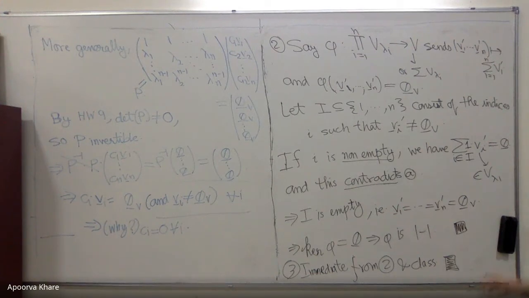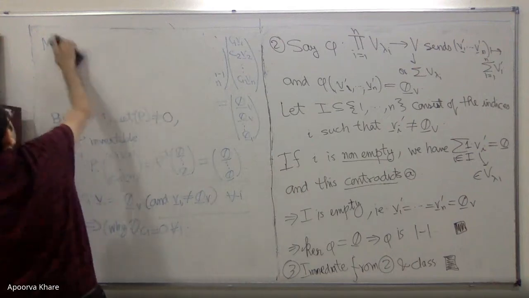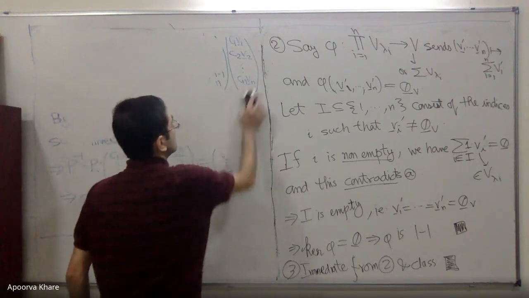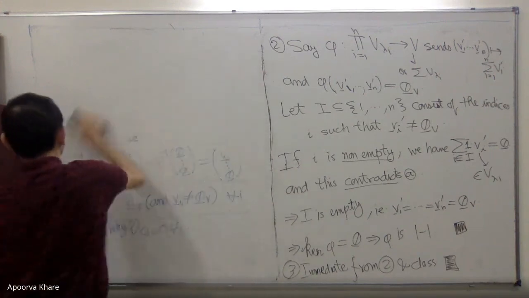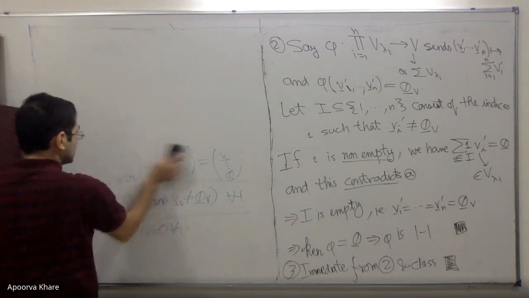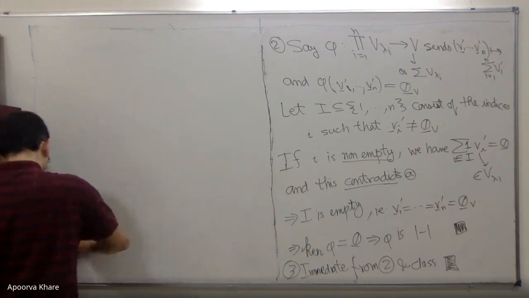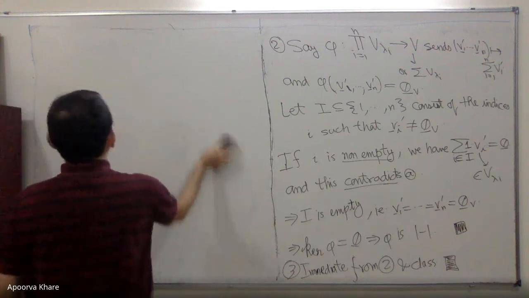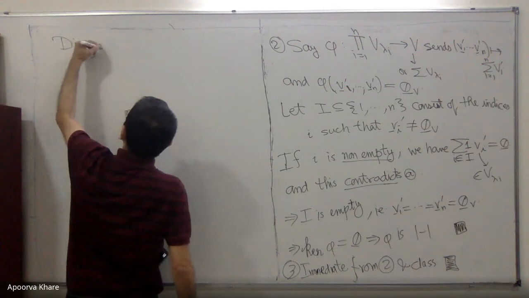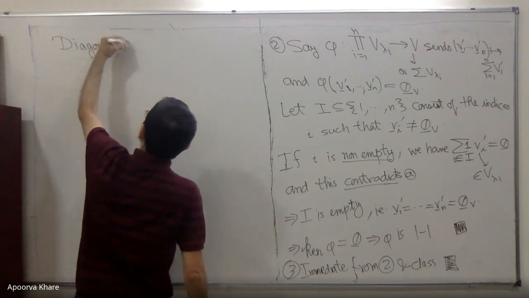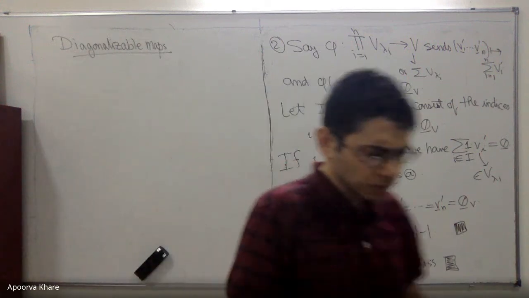Okay, now we start diagonalizable maps. Actually, do I want to do AM-GM first or second?